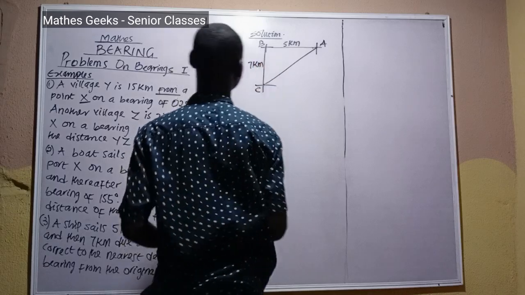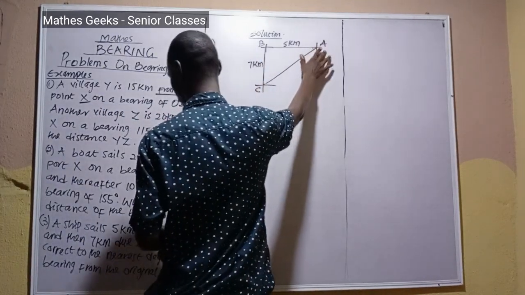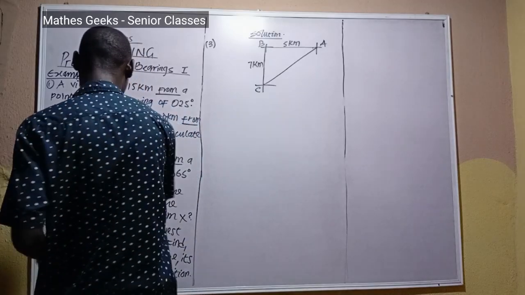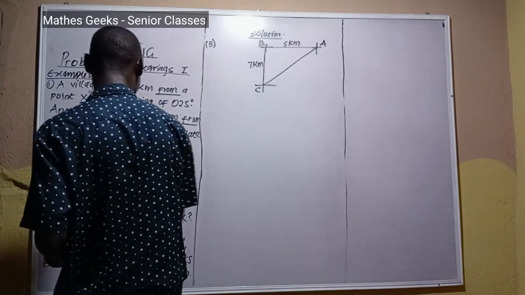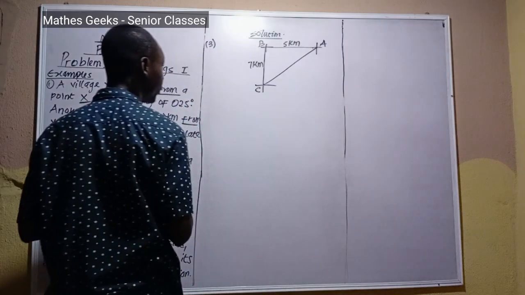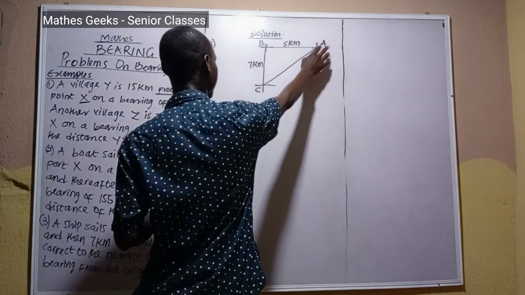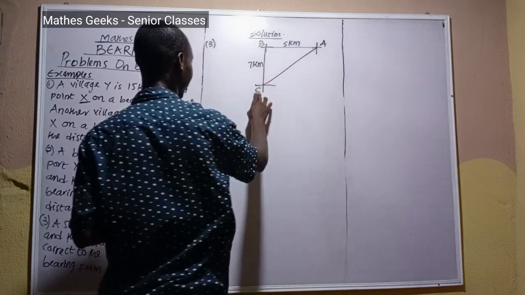So we want to know the distance between C and E. Oh no, the bearing. Find, correct to the nearest degree, the bearing from the original position. So the bearing of the ship that started from E and goes to C at the final destination.